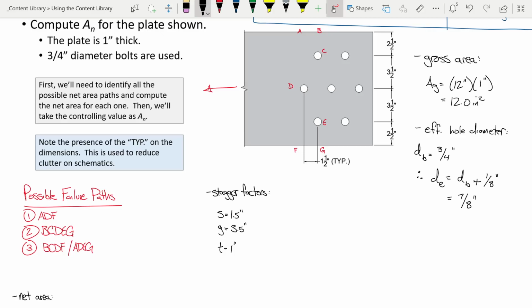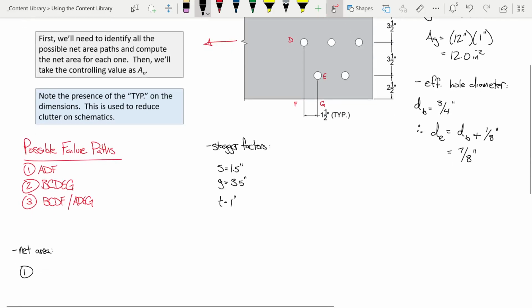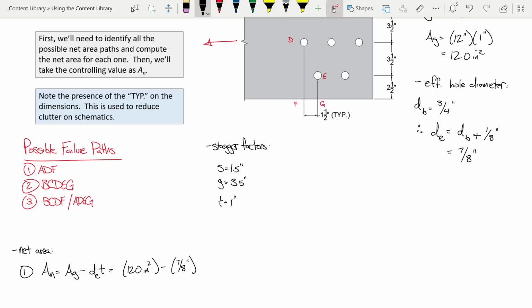So this first path is just that, and I think I can do that one in my head.